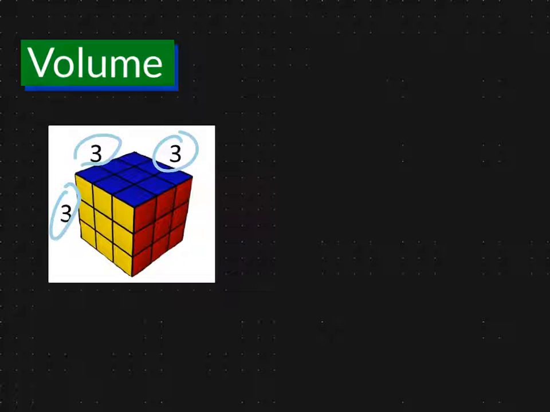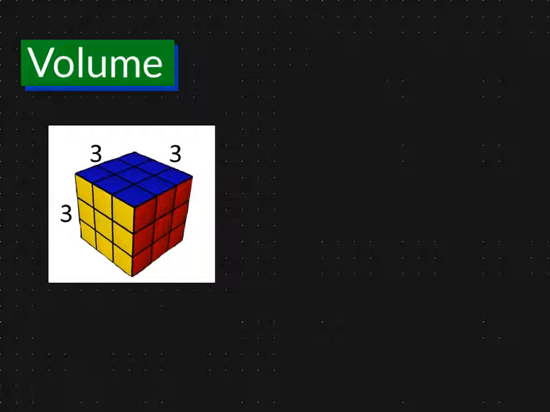When I say it has 6 equal surfaces, that means that all 4 sides and the top and the bottom are going to be exactly the same, and they all meet at right angles. Now on this cube, you can see that the blue top is 3 squares long by 3 squares wide.